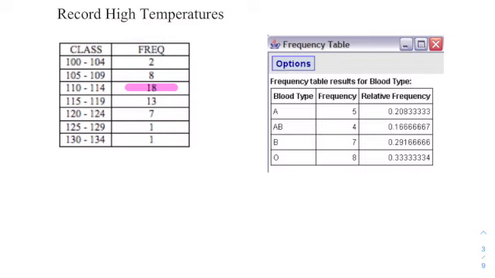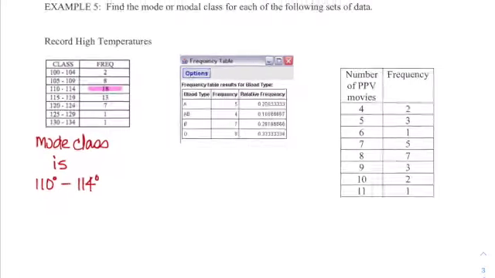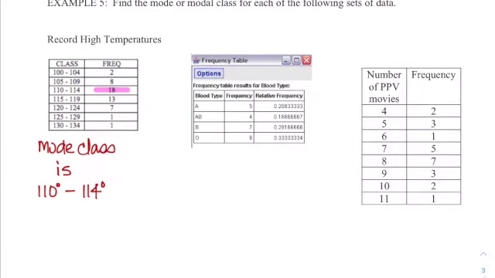And to answer the question, the modal class for the record high is going to be 110 degrees to 114 degrees. Okay, and so forth and so forth. So please pause the video so you can try the other two examples.